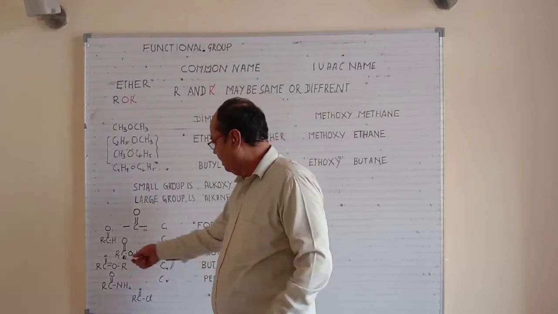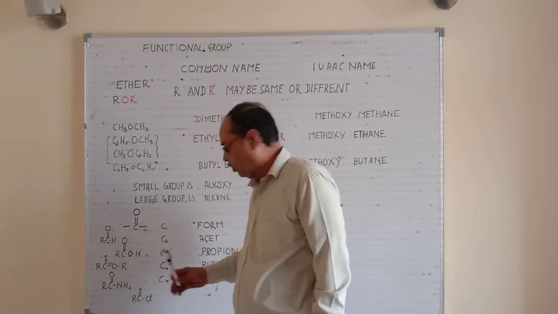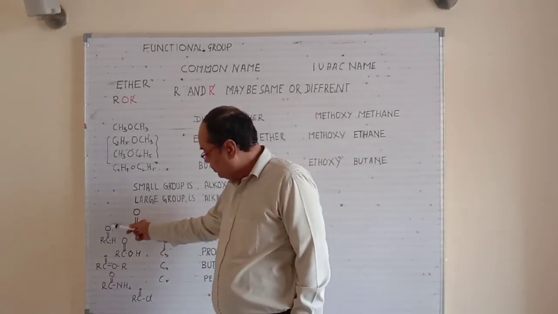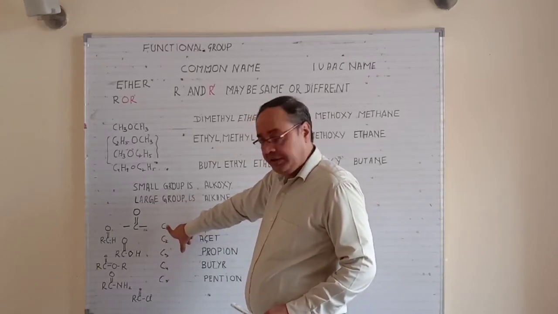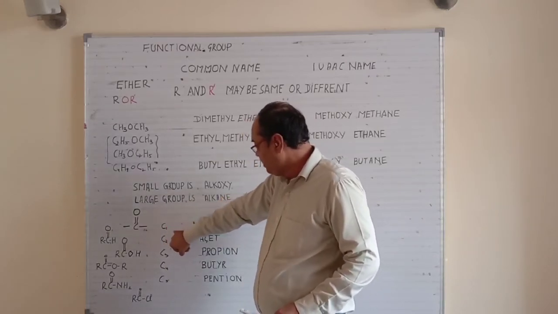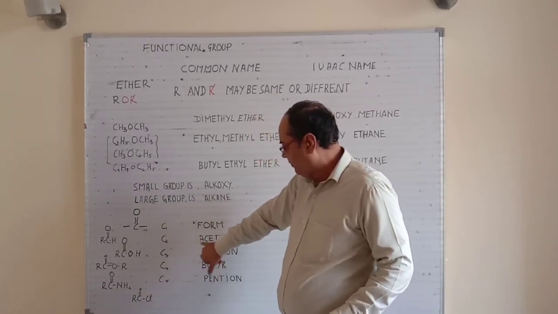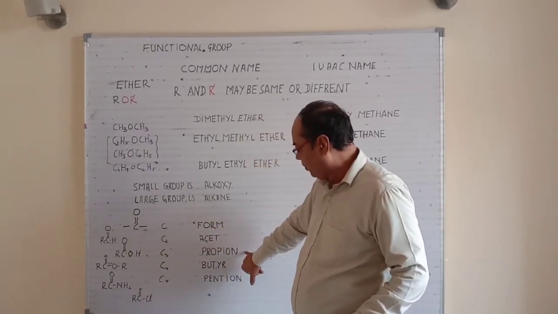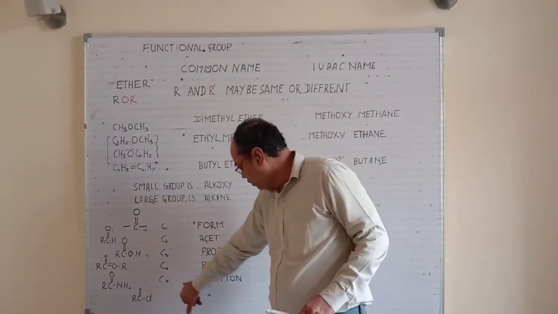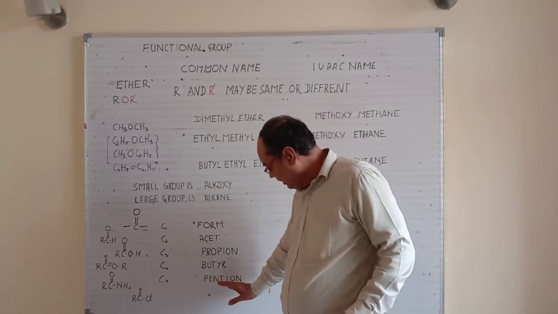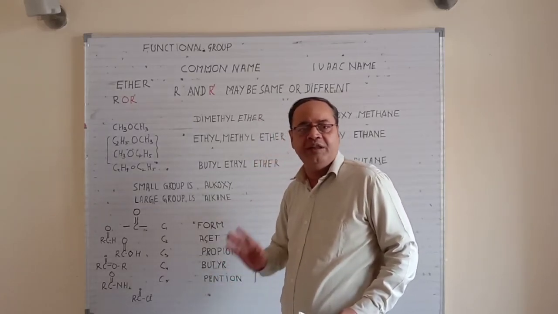This is carboxylic acid, this is the amide group, this is acid chloride. Whenever you see such a case, in the common system, C1 is known as form, C2 is known as acet, C3 is known as propion, C4 is known as butyr, C5 is known as valer, and after that you can use hexan, heptan, and so on, following the next carbon number.